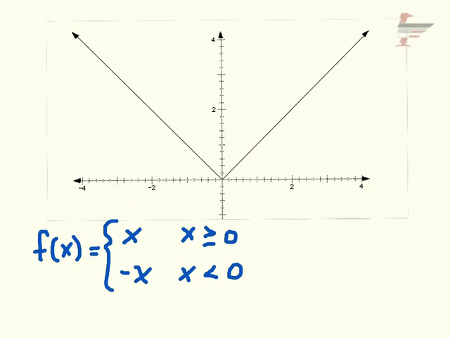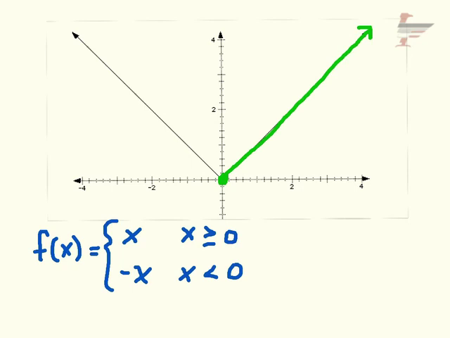Here is an example of a piecewise function, where f of x is equal to x when x is greater than or equal to 0. So that is this part of the graph right over here, and since x is greater than or equal to 0, there would be a closed circle at that point.